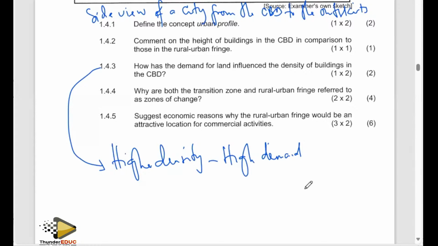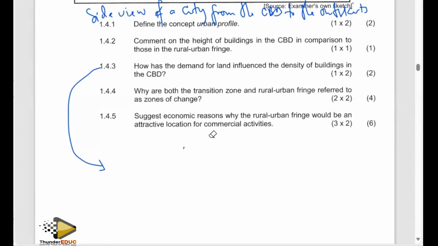The space is needed by people for commercial purposes. So because of that high demand, the space is fully utilized, creating a high density situation in the urban area. So there is high demand for land in the CBD, which has contributed to the high density of buildings within the CBD.